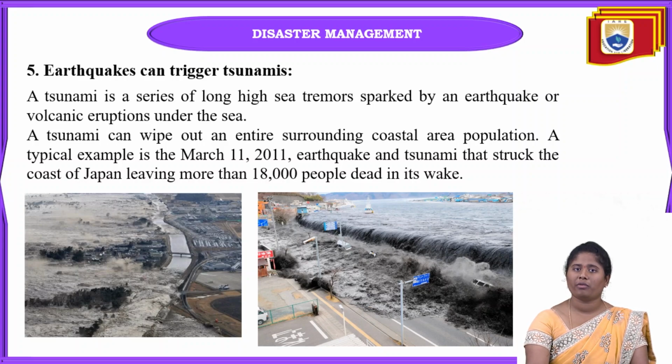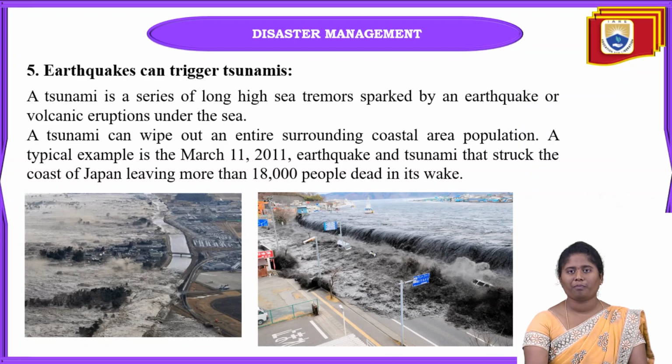When any earthquake occurs in the water, there will automatically be a rise in the water and a rise in the waves. So these tsunamis occur. A tsunami is nothing but a series of long high sea tremors sparked by earthquakes or volcanic eruptions under the sea.